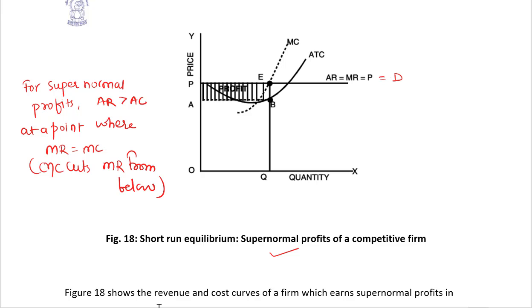This is the condition. MR equal to MC and MC cuts the MR from below. Just see it over here. So this is marginal cost curve. This is marginal revenue. Over here, MR equal to MC and MC cuts MR from below.